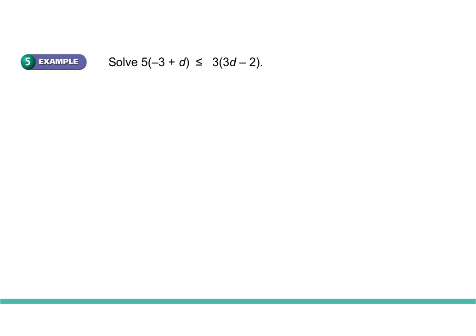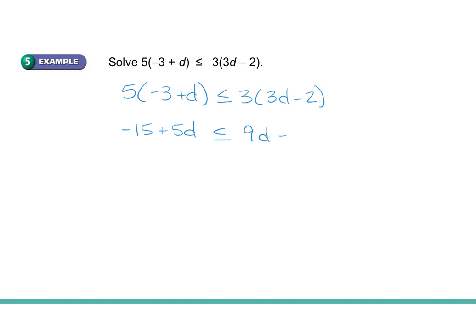All right, example 5. So I need to distribute first. I'll end up with negative 15 plus 5d is less than or equal to 9d minus 6.